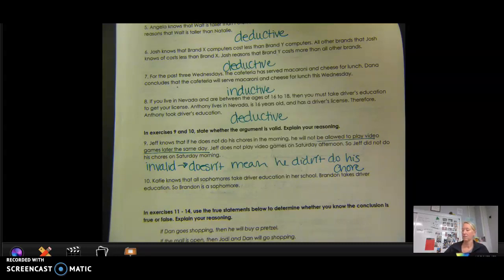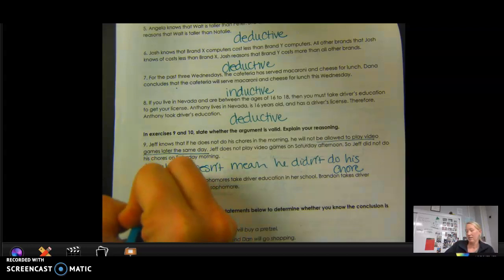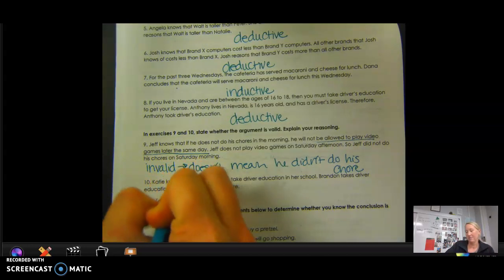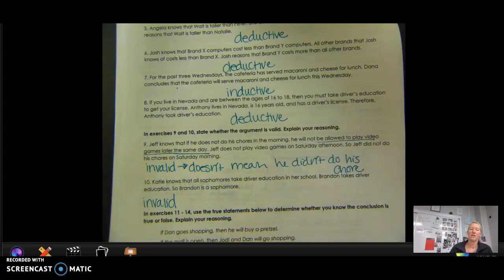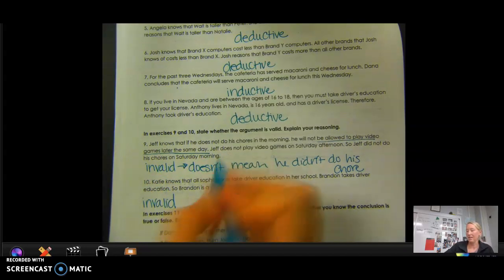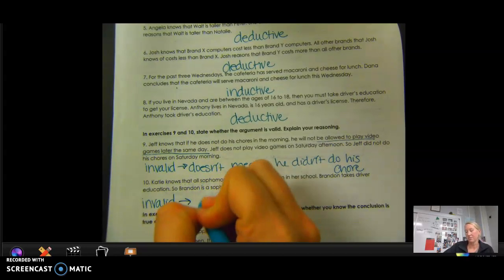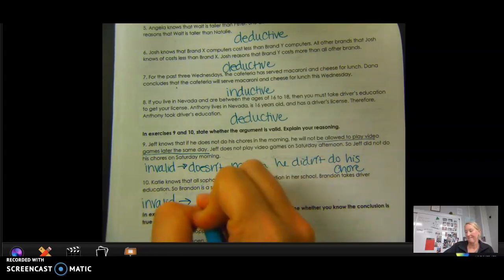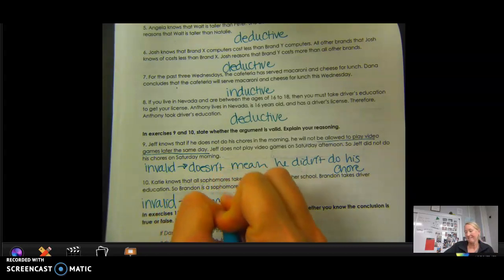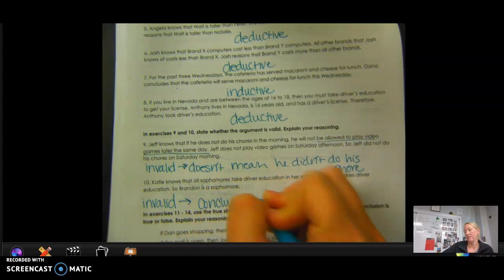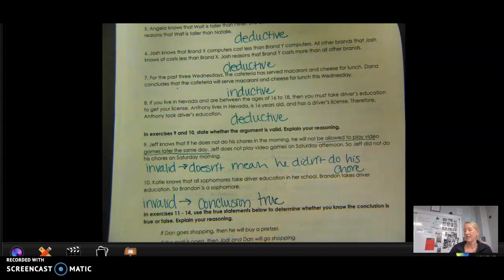Again, invalid. Because we are making the conclusion true. We would need the hypothesis of saying he is a sophomore, therefore he takes driver's education to be true.